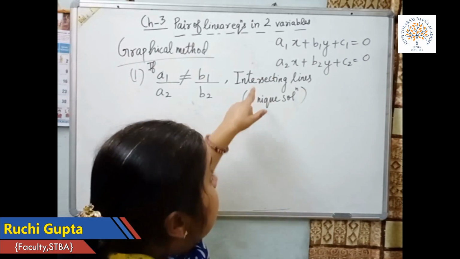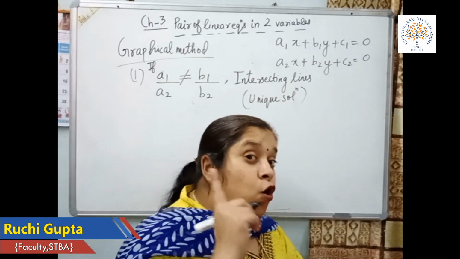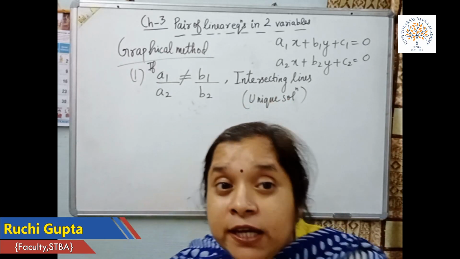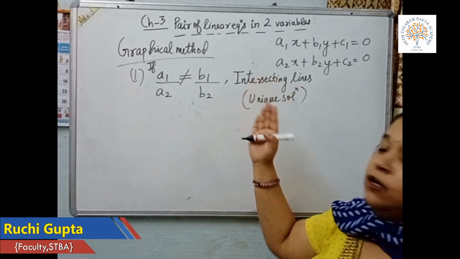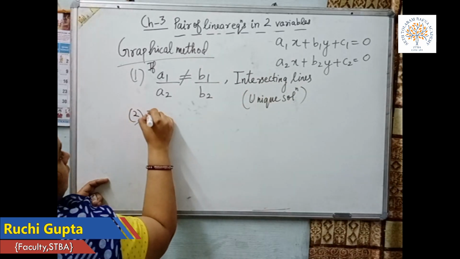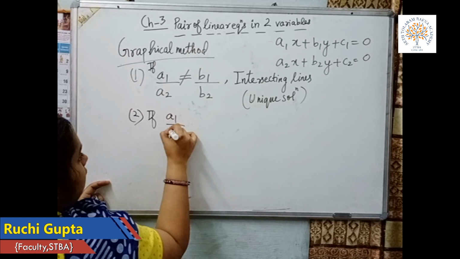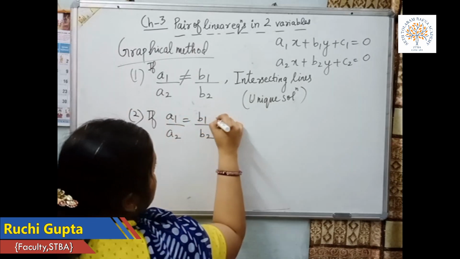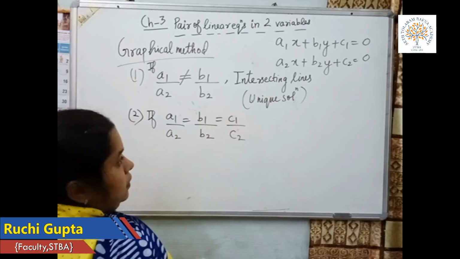It means they intersect at a common point, and that common point is known as the unique solution of that graph.